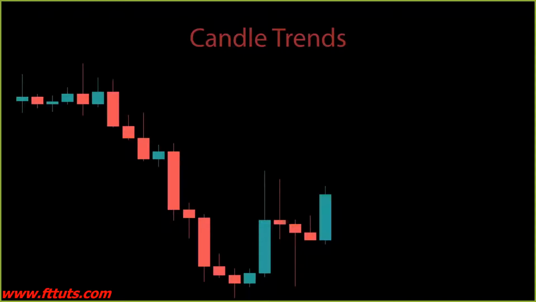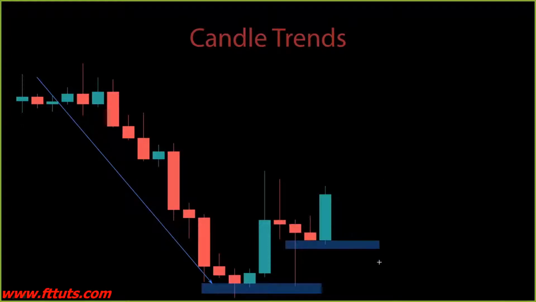First of all, what we see is that the trend is bearish, but at the same time, we are creating some sort of a support down here, and it looks like we have a bullish candle, so it may be forming another support right over here.